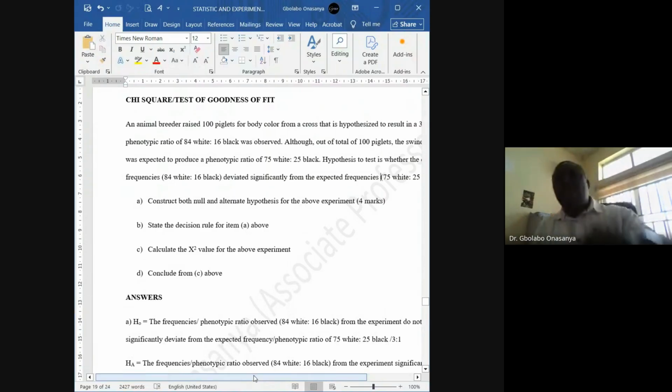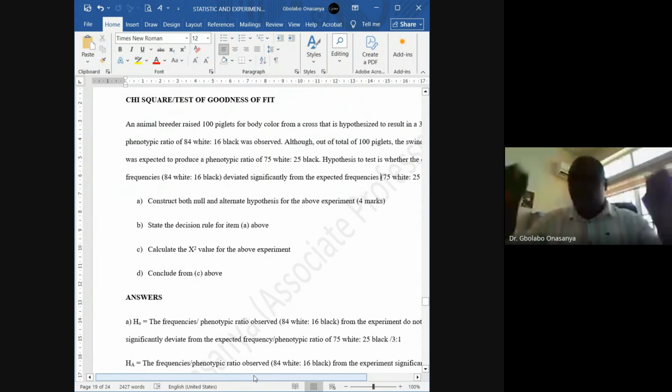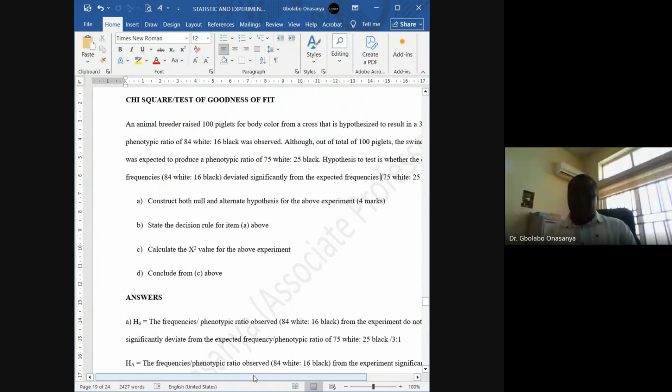So when we observe that the observed is no longer correlating with the expected, that means the population is no longer in equilibrium. Am I speaking sense? Fantastic.